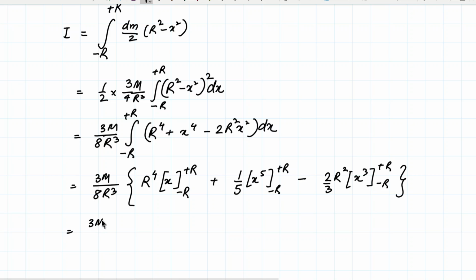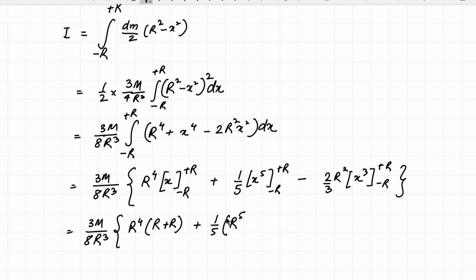This becomes 3 capital M upon 8r cube, so this is r to the power 4, this becomes r minus minus r becomes r plus r, plus 1/5, this becomes r to the power 5 minus minus r to the power 5 becomes plus r to the power 5, and 2r square upon 3, this becomes r cube minus minus r cube becomes r plus r cube.